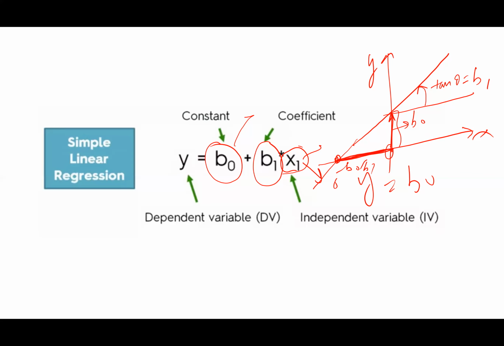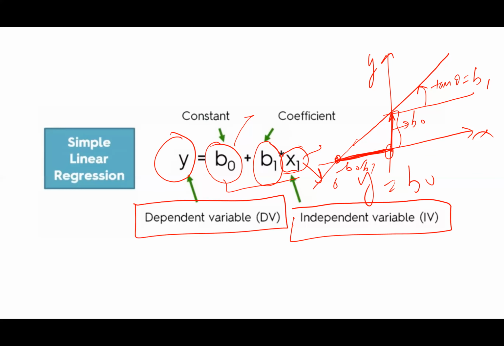Now this is called the dependent variable, because we want to study this variable based on x1, or multiple other variables in general. The vector x is called the independent variable, because we assume that our dependent variable depends on these x's for its change.